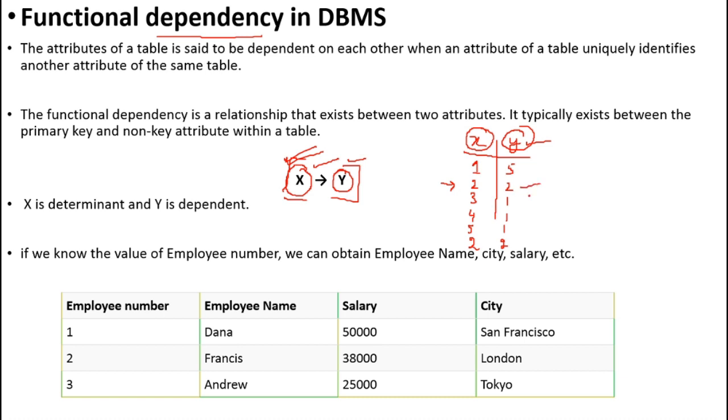Whenever we get this value 2 in the table, correspondingly we will get the same value of Y in the same table.